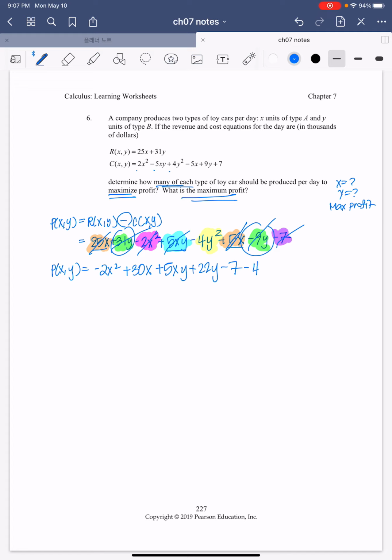Minus, last one, 4y squared. Let me just double check. Yep, that looks good.